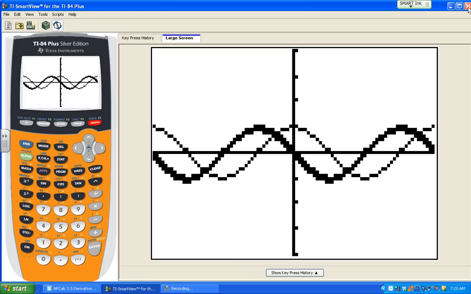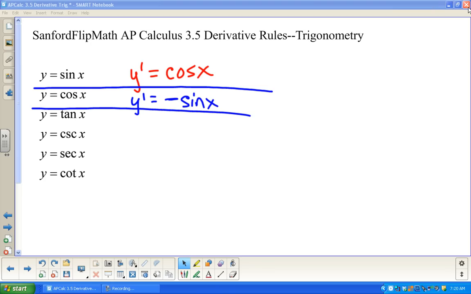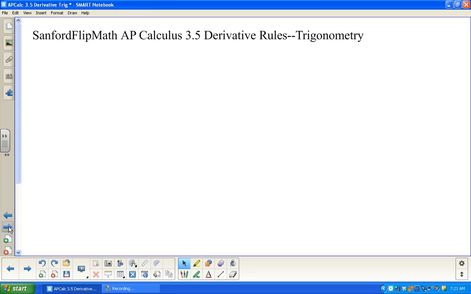Well, if you recall, all other trig functions can be written in terms of sine and cosine. So tangent, cosecant, secant, and cotangent, for instance, can all be written in terms of sines and cosines. So we're going to pop over to another screen, and we're going to look at y equals tangent of x.